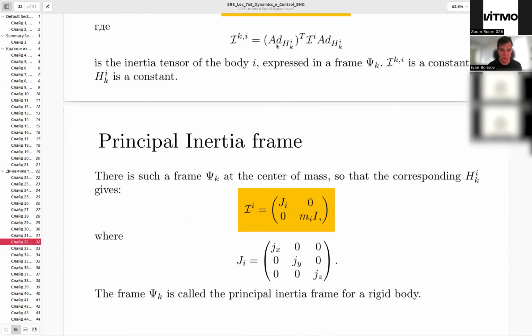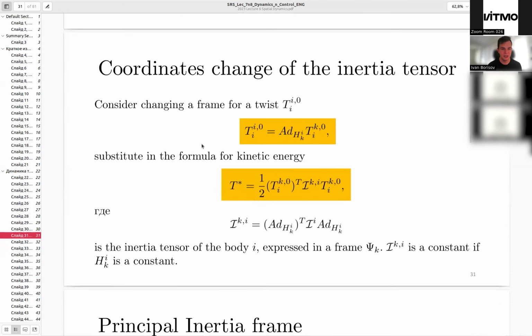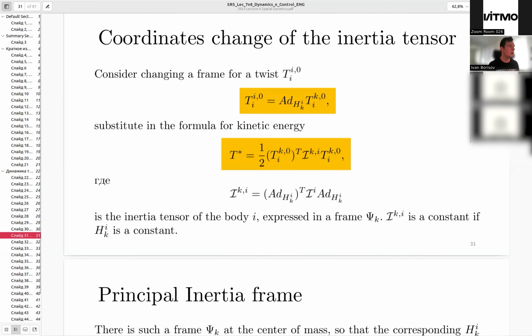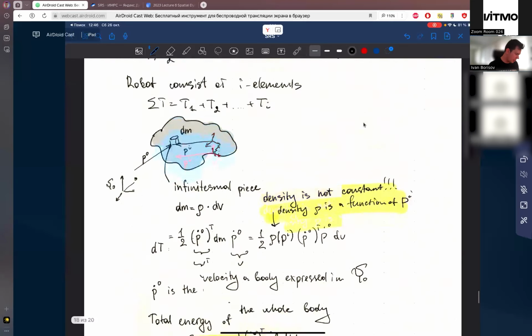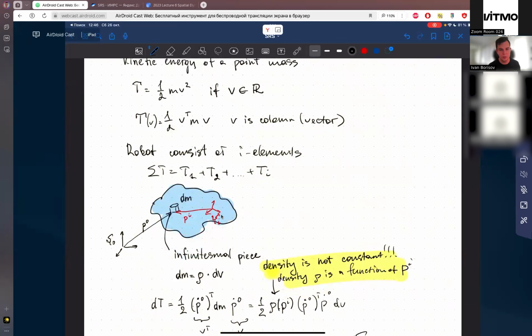So we need a joint matrix such that the motion will be represented not in some random frame I, but in a special one.